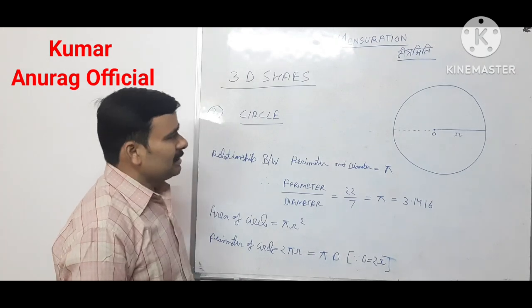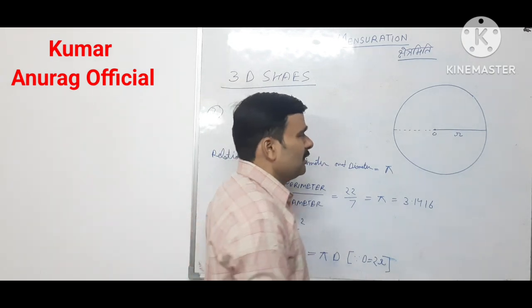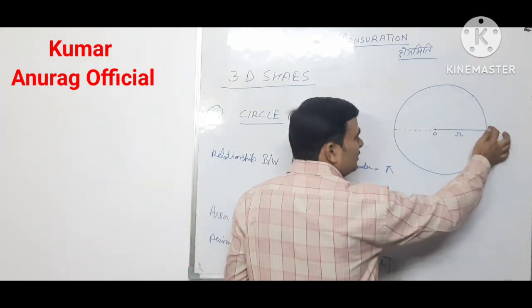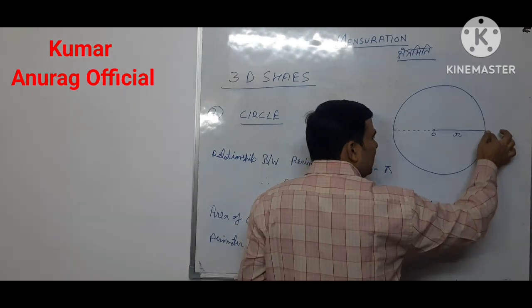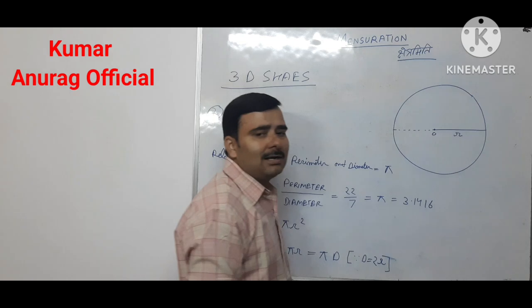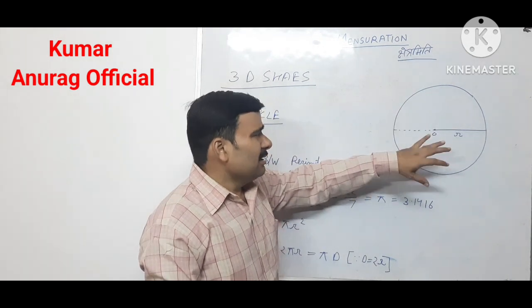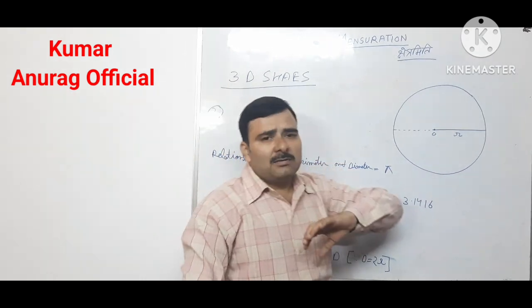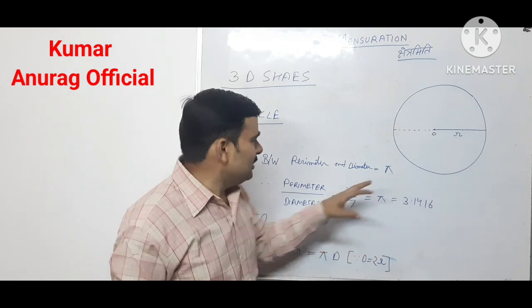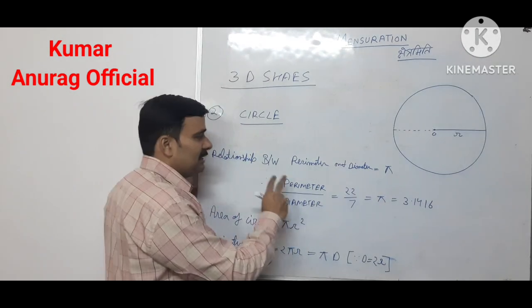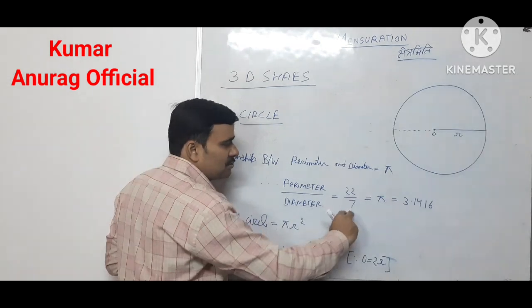Now there is a relationship between perimeter and diameter. What is the perimeter? Starting from here, after going around, when we come again to this point, this is known as the perimeter of the circle. In our world, whenever we draw any circle, the relationship between perimeter and diameter is equal to 22/7.